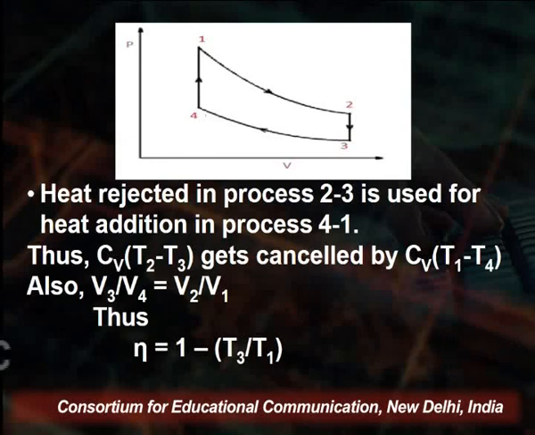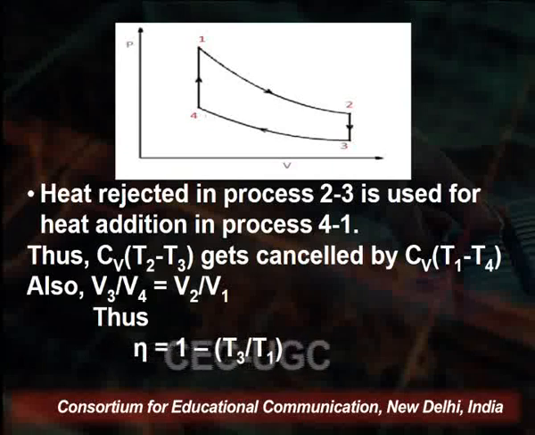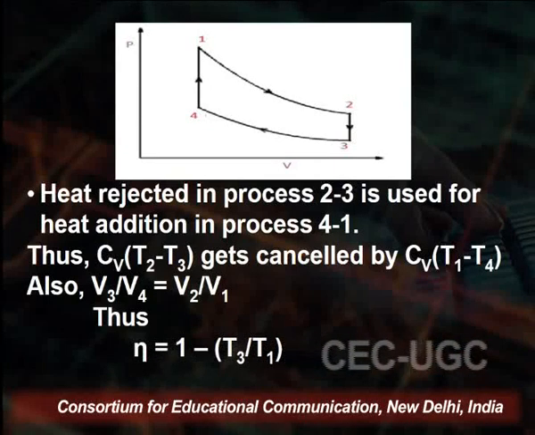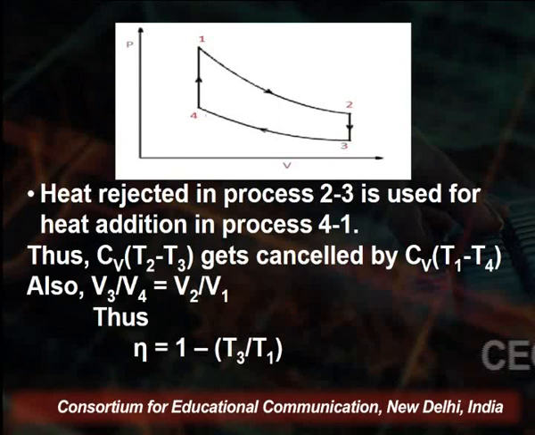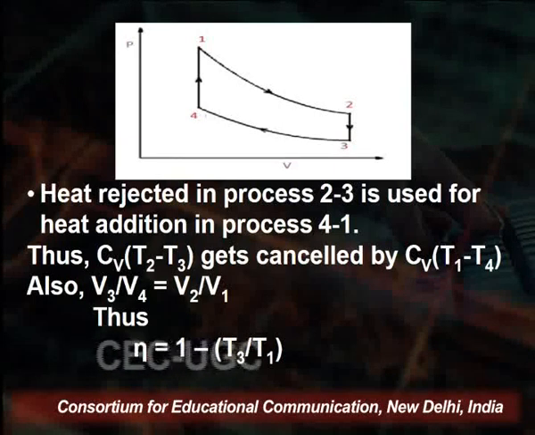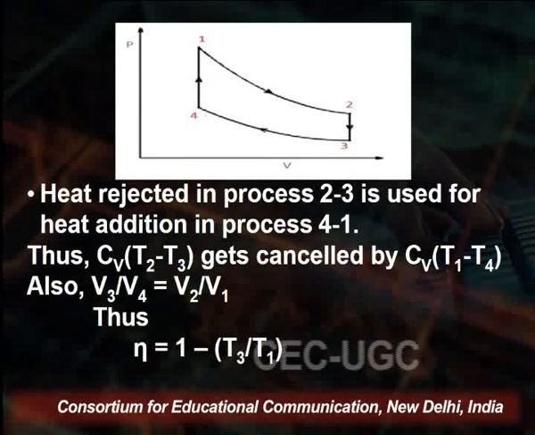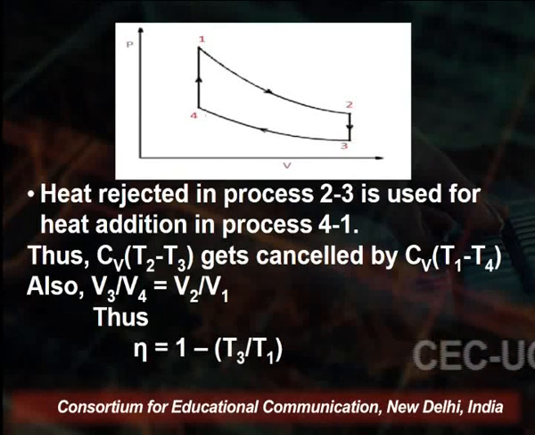Also remember, V3 by V4 is equal to V2 by V1. The ratio of the volumes is the same. We get eta is equal to 1 minus T3 by T1. This is qualitatively similar to the efficiency of a Carnot cycle.